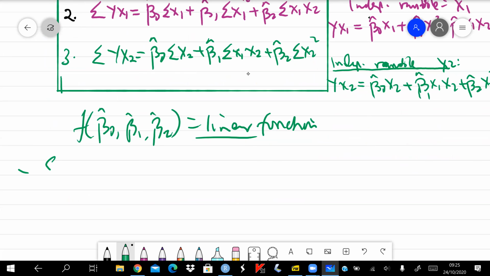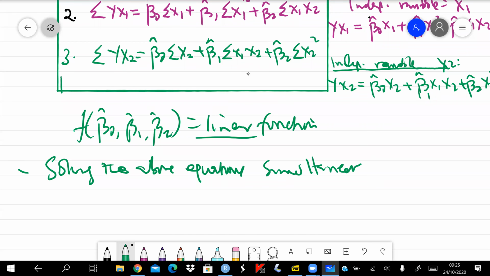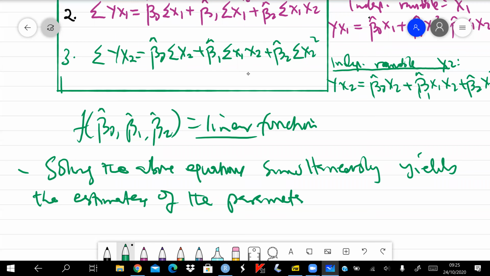Okay, so let's note that solving the above equations simultaneously yields the estimates of parameters beta naught, beta 1, and beta 2.